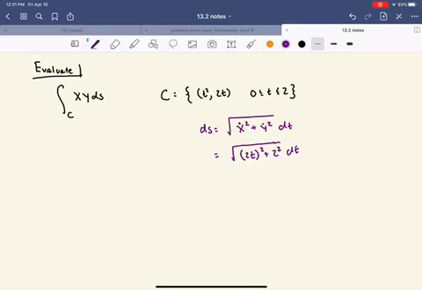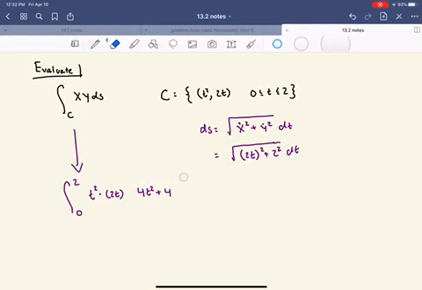Okay, so what are we going to get? We're going to get the integral, t goes from 0 to 2. x is t squared times y times the square root of 4t squared plus 4 with a dt on the end.